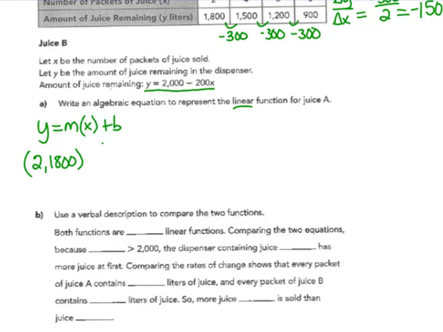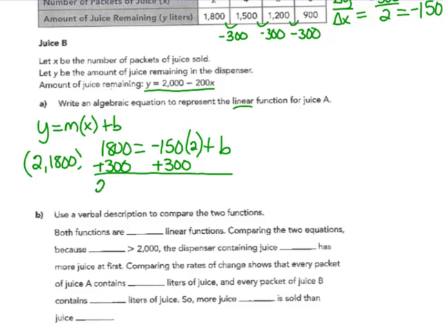So y equals, the y is 1800, we can put that in. 1800 equals negative 150 times 2 plus b. So I'm going to add, because that equals negative 300, I'm going to add 300 to both sides. And I get 2100 equals my b, because that's going to cancel. So my equation then is y equals negative 150x plus 2100.